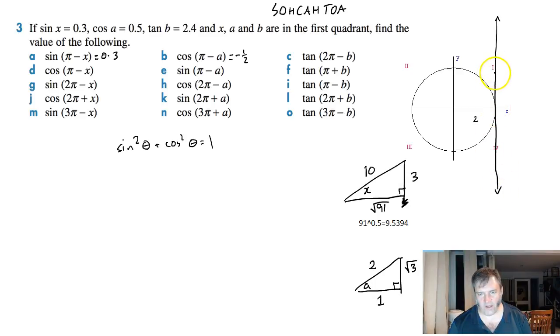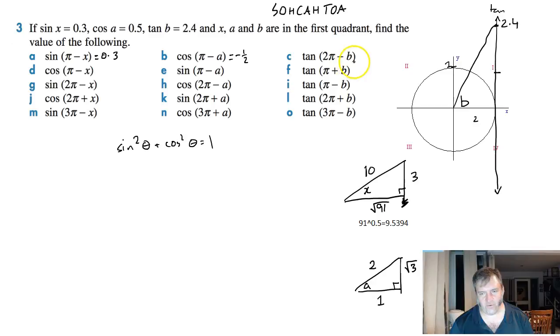If this is 1, well, I don't have all the room in the world, let's just call that 2.4 on my tan axis. So remember, that's a height of 1, so just double it, and 0.4 should be a bit higher, but that'll do. It's only to give us a bit of a glimpse of what we're doing. That's what the tan of b looks like. It's that vertical distance there on the tangent.